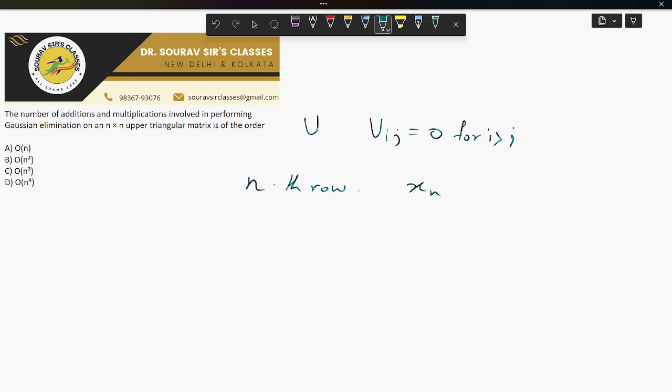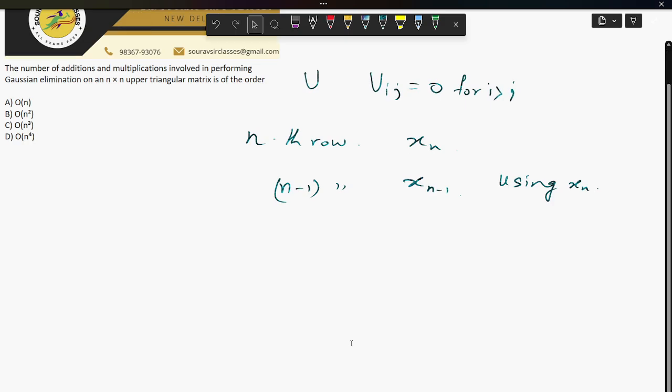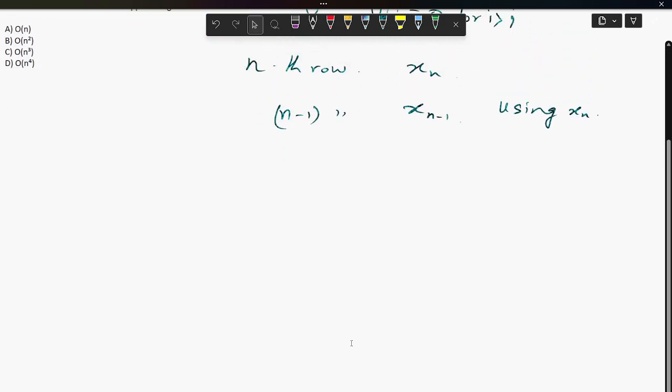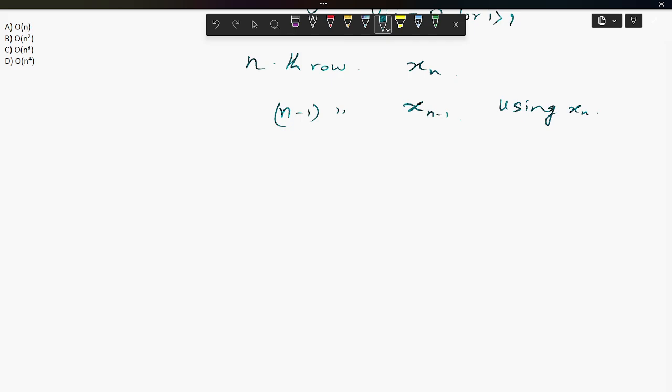Now move towards the (n minus 1)th row. Then we have to solve for x_(n minus 1) using xn, and continue upwards until the first row, and we can achieve our x1. Okay, that means we can do the solving for x1.